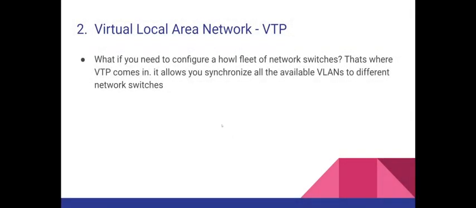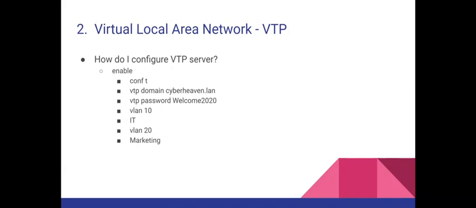Sometimes you have really large networks, and if you have really large networks, you want to use something that's called VTP. VTP basically allows you to synchronize your virtual LAN configurations over multiple switches or layer 3 switches. So how do you configure those?